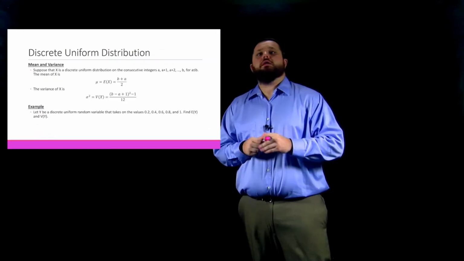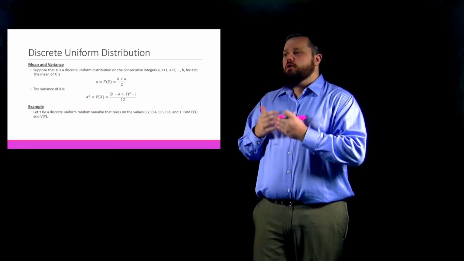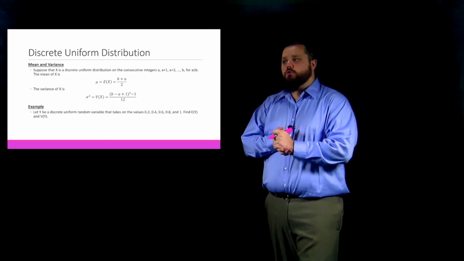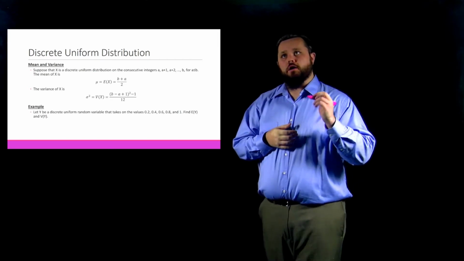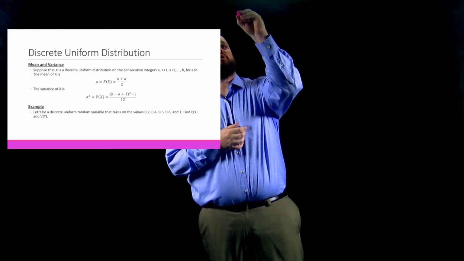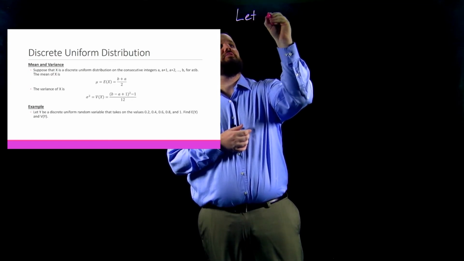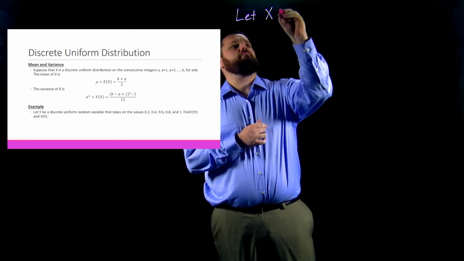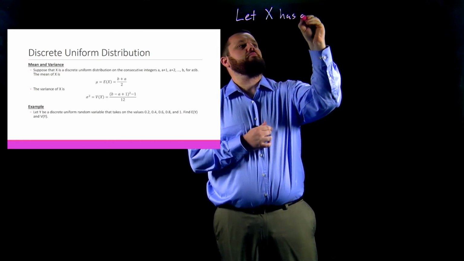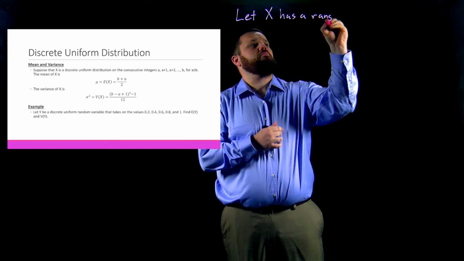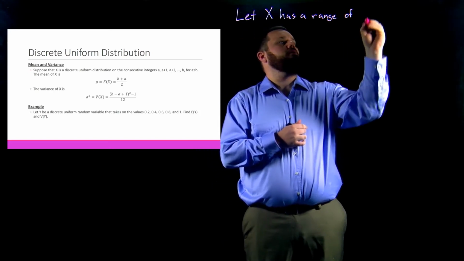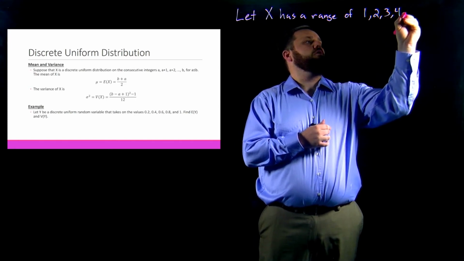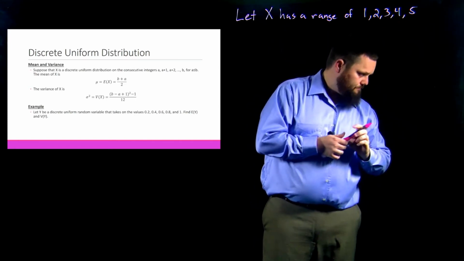To do this, we're going to need to create another variable so that we can satisfy this condition that our uniform random variable is defined on integers. So what we're going to do is let x have a range of 1, 2, 3, 4, and 5.